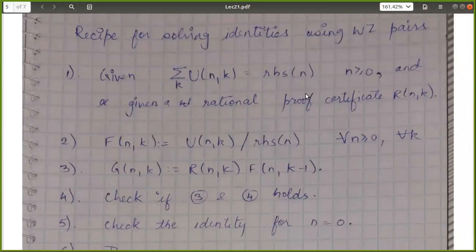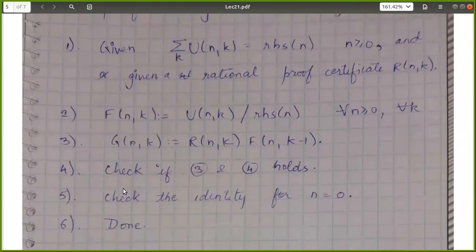R(n,k) is given to you, F(n,k) you have computed. So now you have both F and G, right? So the rest of the steps: just check that F and G is a WZ pair.